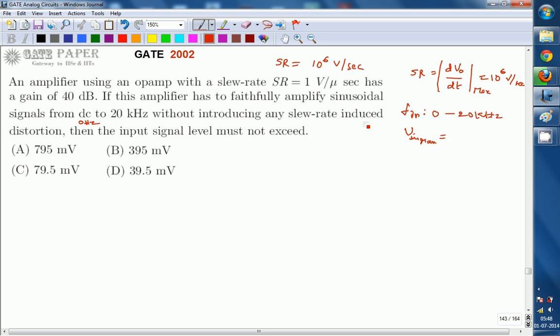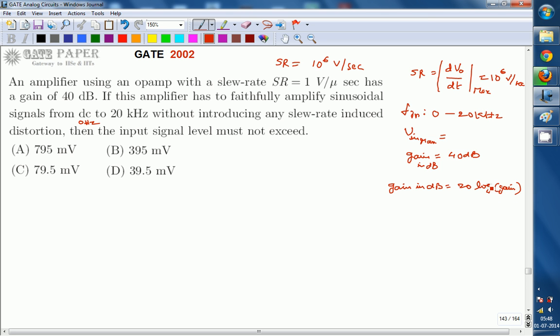The gain is given in decibels, 40 decibels. You must express the gain in decimal form, so we can use this equation. Since it is voltage gain, gain in decibels is 20 log of gain.